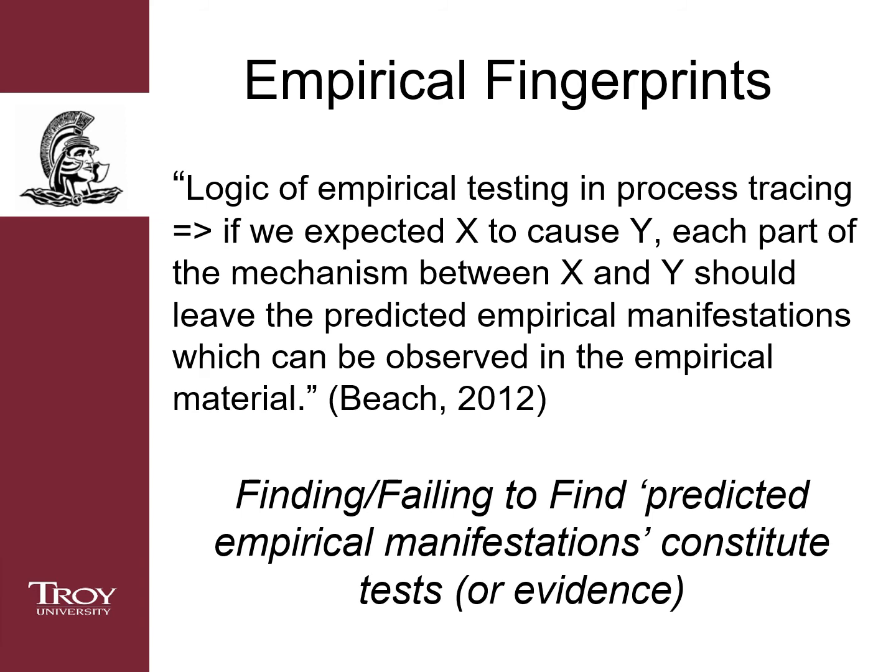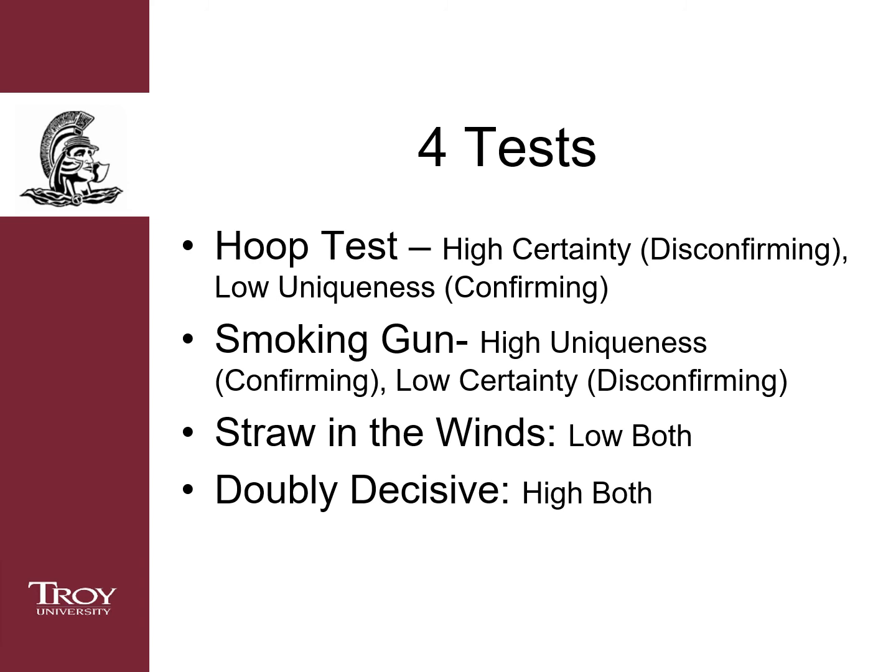And so we'll talk about 4 types of tests. Here they are. These ideas were originally presented by Van Evera, and basically there are really 2 types of tests here. There's the hoop test, where you make your theory jump through hoops.